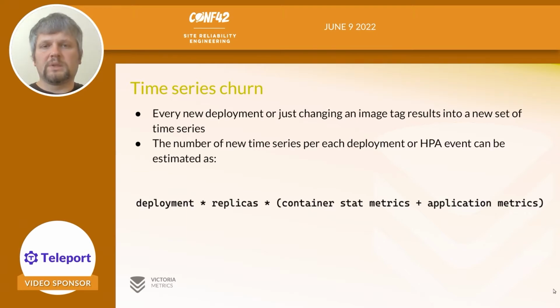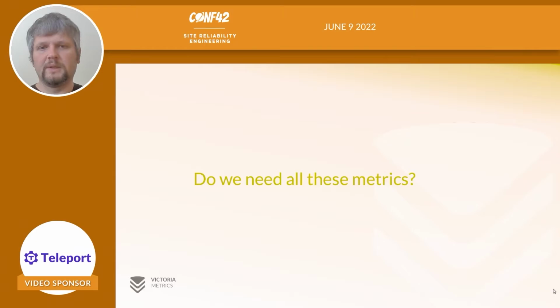And this number should be multiplied by the number of replicas for this deployment and the number of deployments. As you can see, the churn rate increases with the number of deployments and the number of replicas.